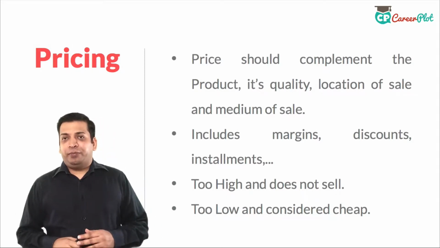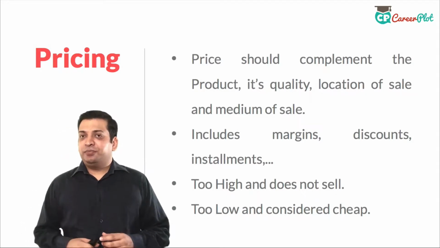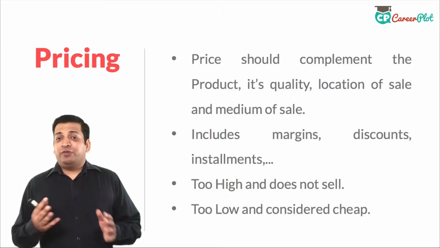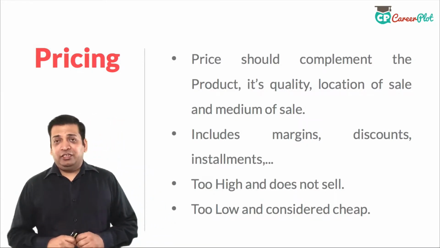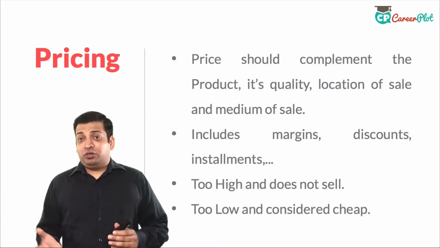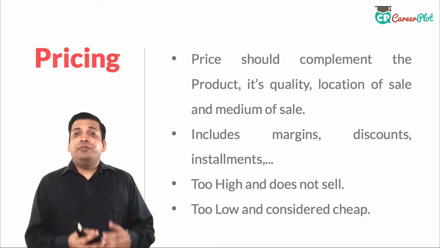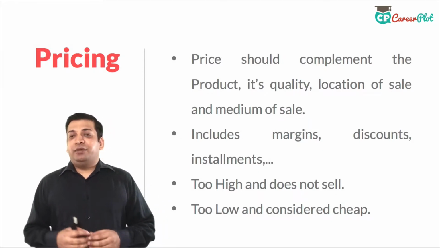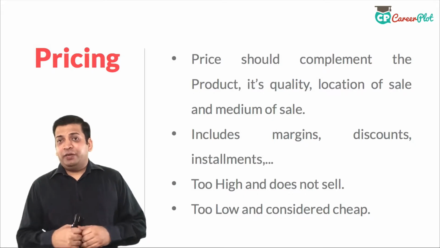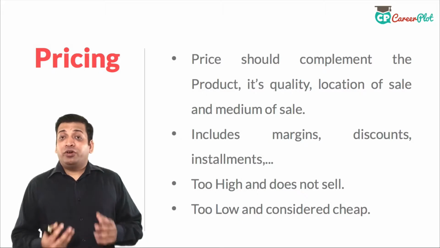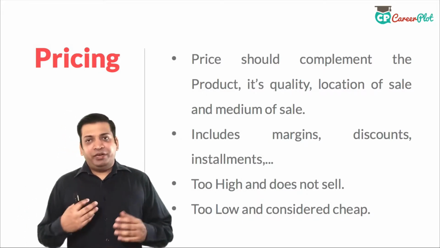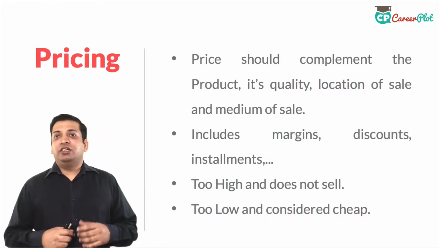Typically, we will discuss pricing in later sessions, but there are different types of pricing happening around. It should complement the product, ideally. Like if the product is high quality, price will be a bit higher. But if the product is low quality, price should be lower. You cannot do vice versa. And of course, location of sale matters, medium of sale matters.